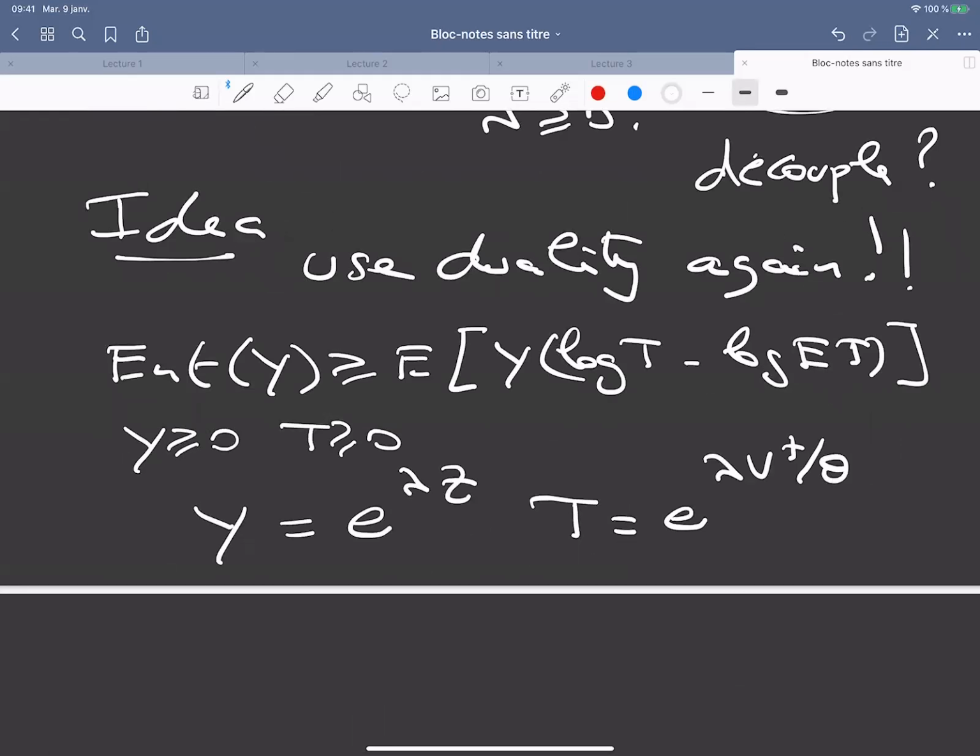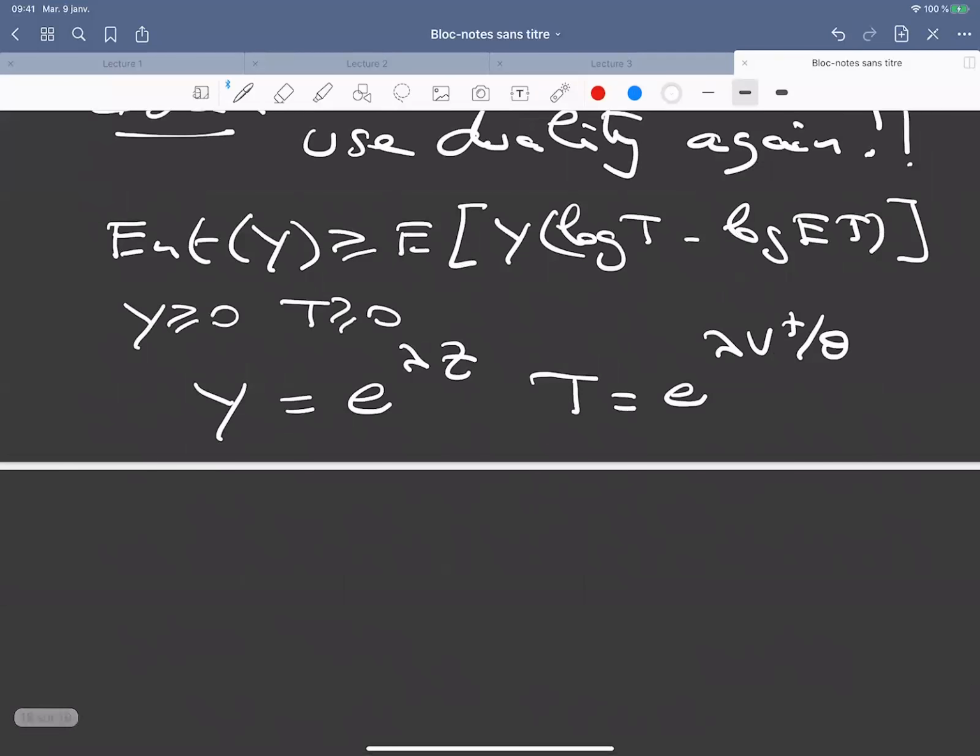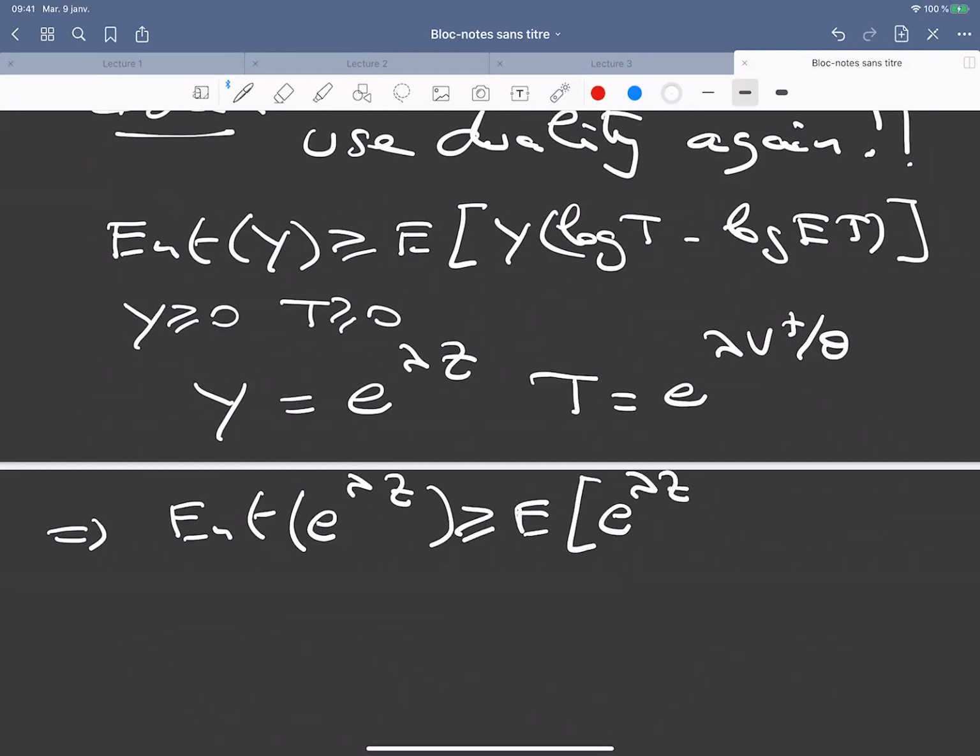Anyway, now if we use the duality formula for entropy with y equal to this and t equal to that, then the conclusion is that the entropy of exponential lambda z is larger than the expectation of exponential lambda z times lambda v plus over theta, minus the log of expectation of exponential lambda v plus over theta.